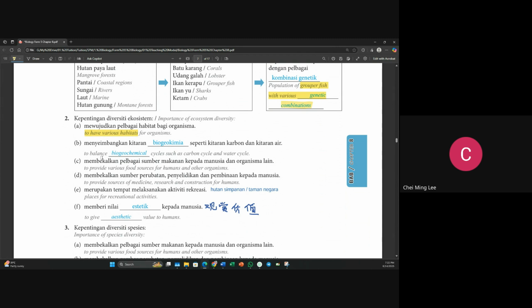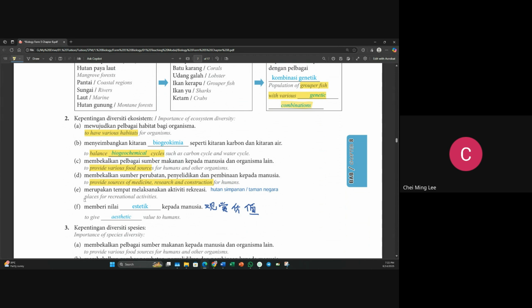This is to balance the biogeochemical cycles, like your carbon cycle, water cycle, all this. And you can provide various food sources for humans and other organisms. It provides the source of medicine, research, and construction for humans. It means the raw material for us to research all this.